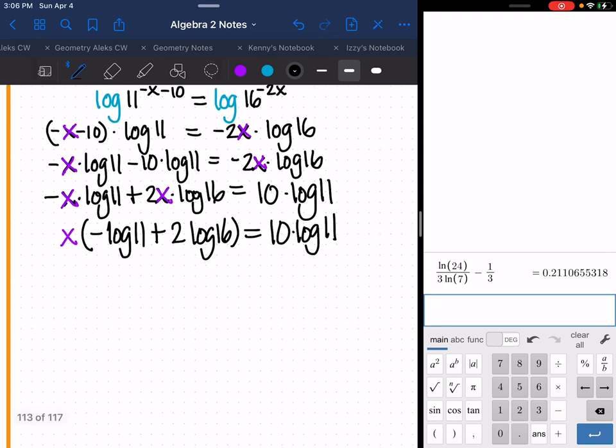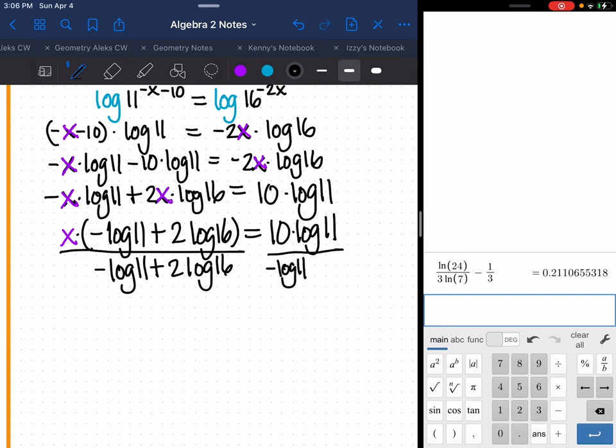Now I can think of this as x times this that I factored out. And now I can do my dividing and get x by itself completely. So I'm going to divide by negative log 11 plus 2 log 16. This is going to completely cancel out, leaving me my x.